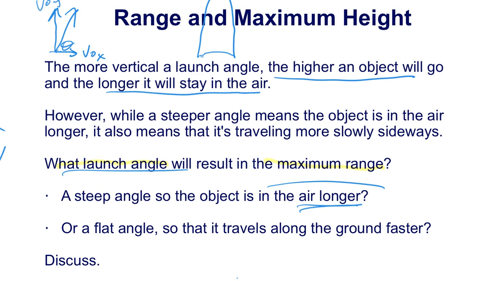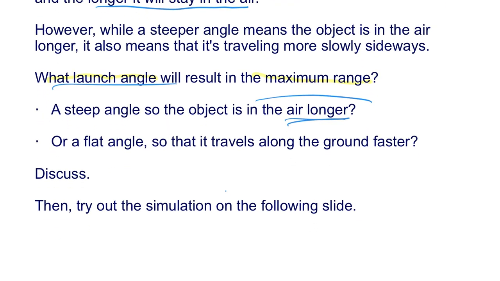From common sense, and we can do a simulation in class, a 45-degree angle gives you the optimal range. For a given speed, the maximum range will happen when you shoot it at 45 degrees to the horizon.